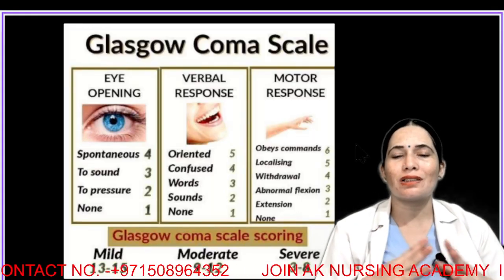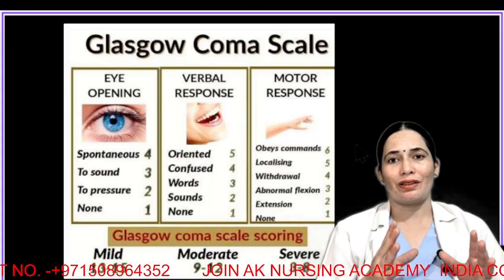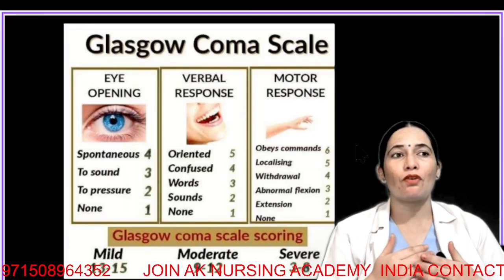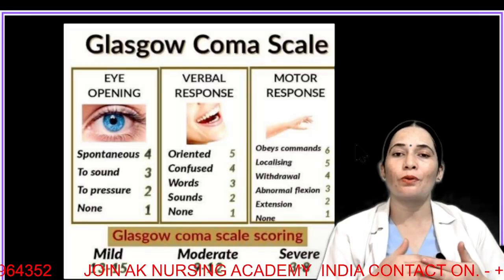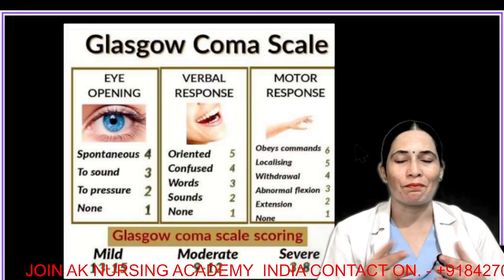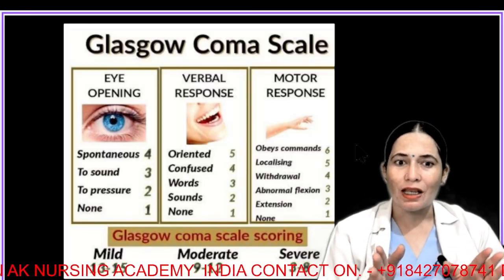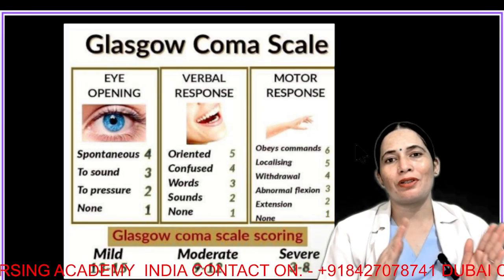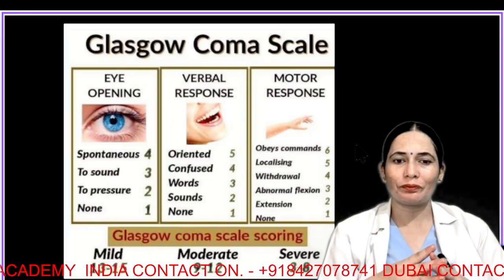The next one is sound. If we make any kind of sound, if we talk to the patient, call the patient by name, and the patient opens his eyes, then the patient gets a score of 3.